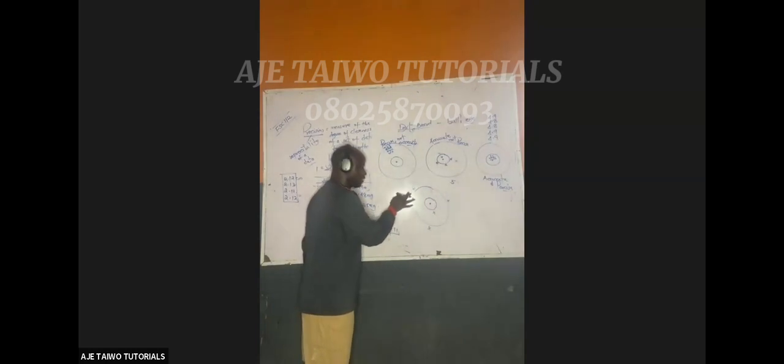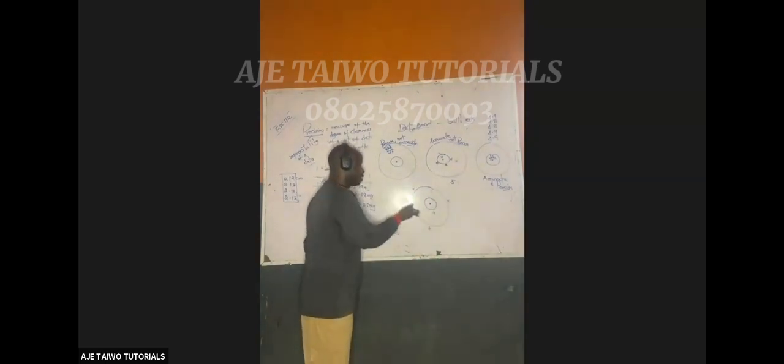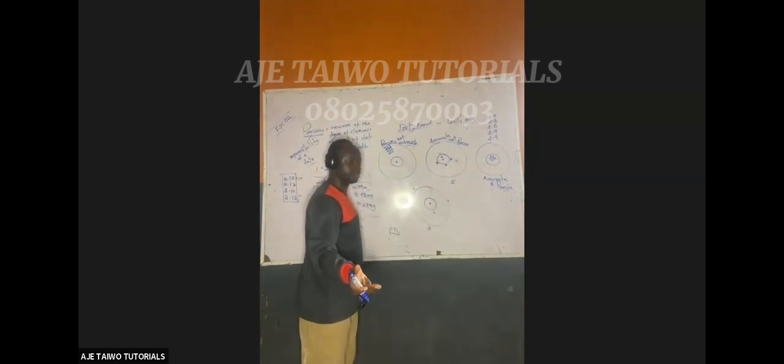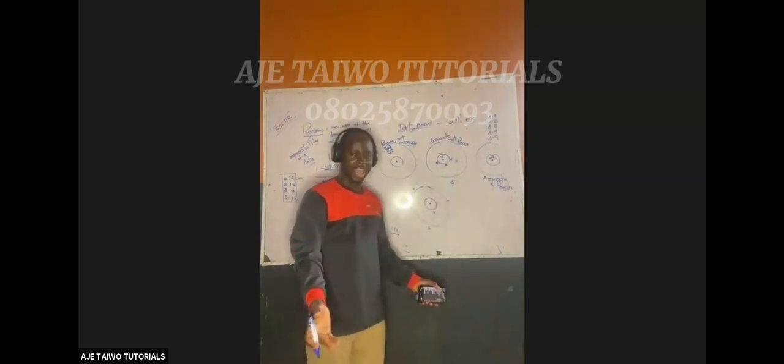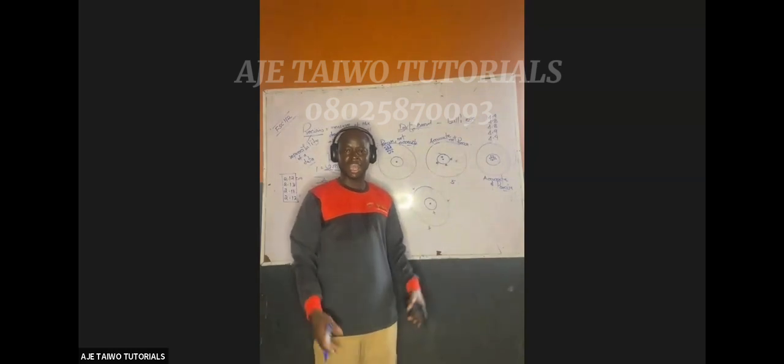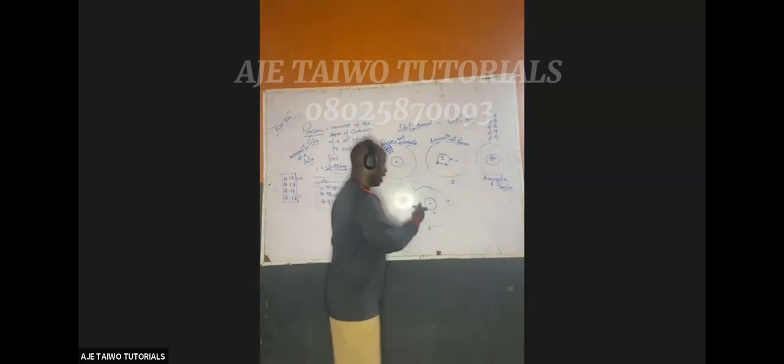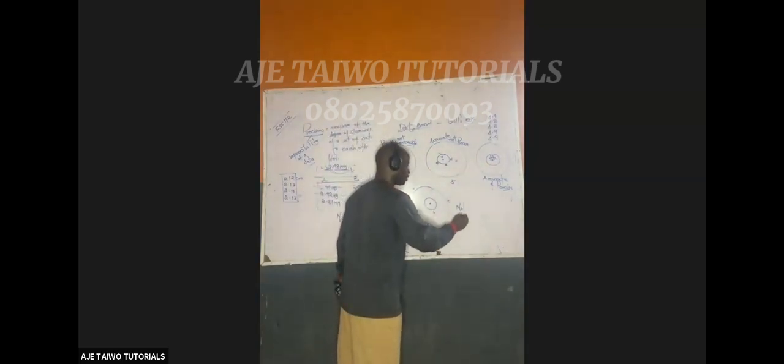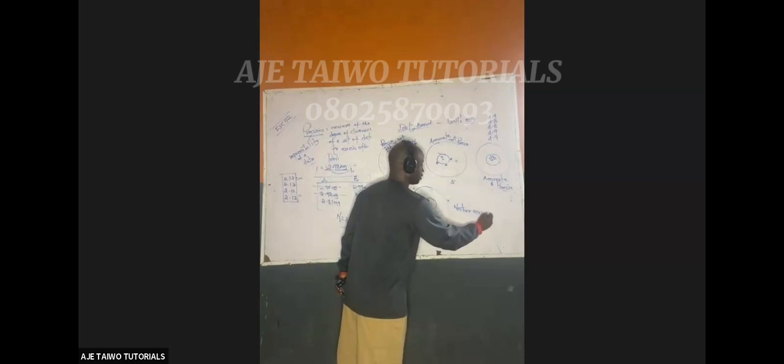This guy, all the readings are not precise, they are far from each other. Two, all the readings are not even close to the bull's eye. What do you say this guy is? Neither accurate nor precise.